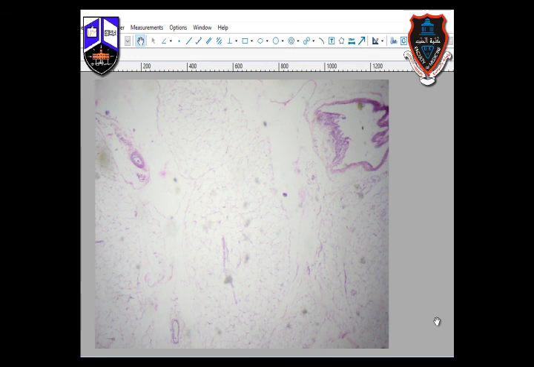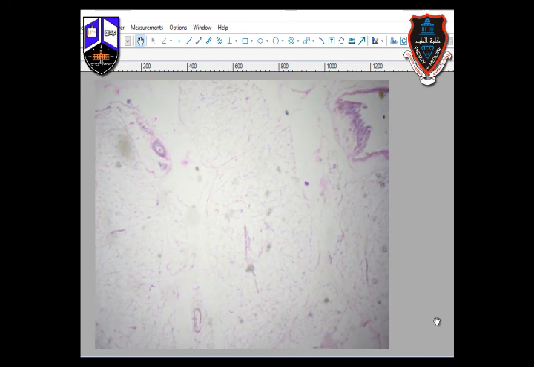Our last type of connective tissue, which is one of the special connective tissues, is the adipose connective tissue. The adipose connective tissue is mainly for storage of the lipids. As you can see here, it appears as if it's empty because the fat is washed out during tissue preparation, and you can see here empty spaces and cells.